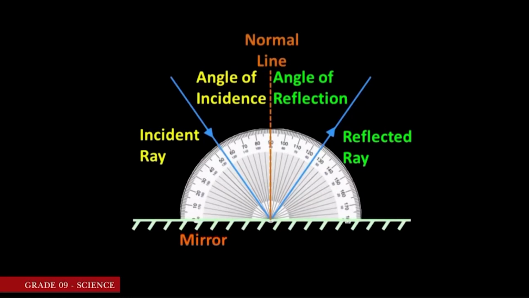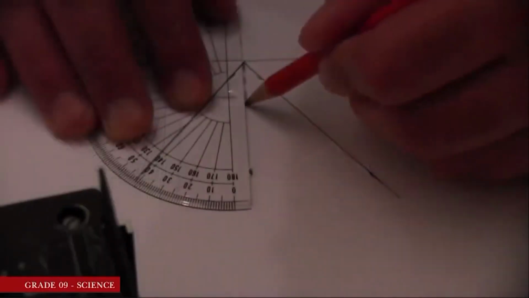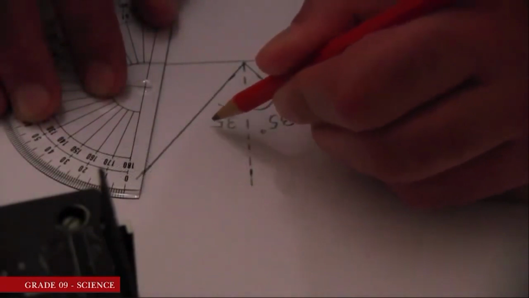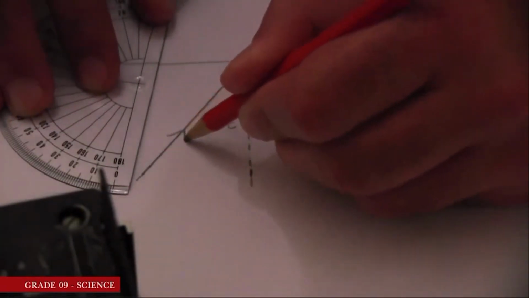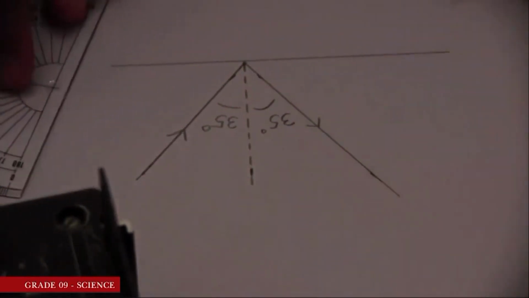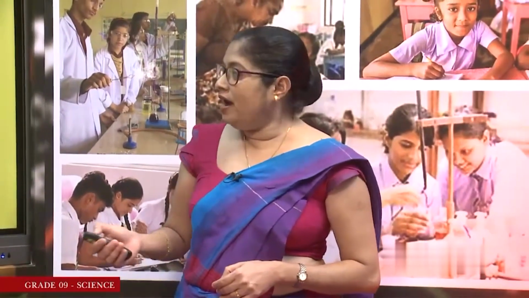Let us see what is in this diagram: incident ray, reflected ray, the line that is perpendicular to the mirror surface, angle of incidence and angle of reflection. Then you can complete the diagram by drawing the perpendicular line as a dotted line, marking the value of the angles and showing the direction of light rays using an arrowhead. Once we have done the activity, you will end up with a diagram like this.